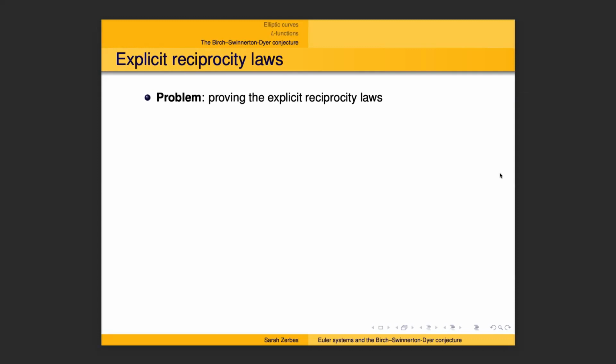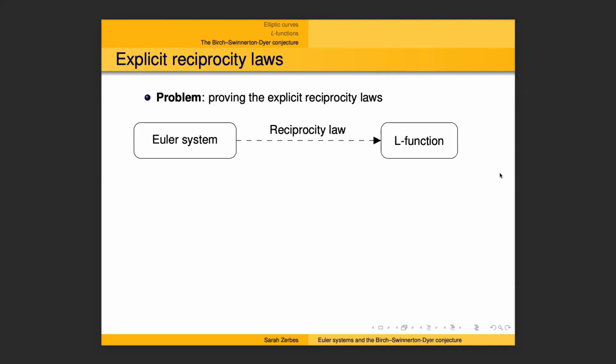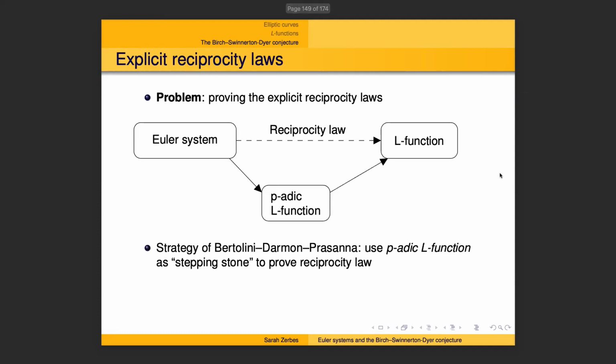Yes, there is a general strategy for proving an explicit reciprocity law. Remember, an explicit reciprocity law relates, on the one side, the Euler system with values of the L function on the other side. And there is a strategy, namely to use an intermediate object, which is called a p-adic L-function. That strategy was introduced by Bertolini, Darmon, and Prasanna.